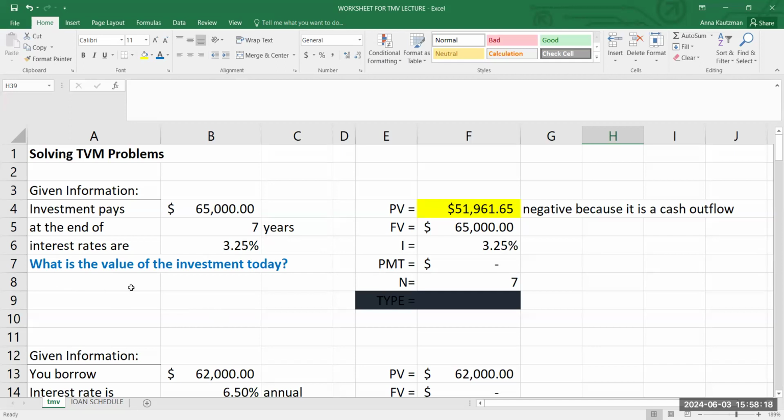Sometimes it may ask you, okay, using this one, it says, what is the value of the investment today? You calculate it. It may have another question.